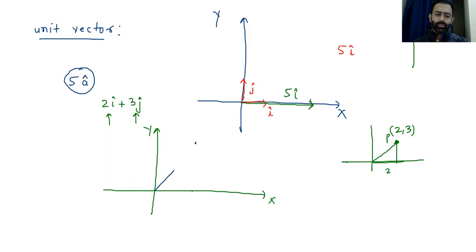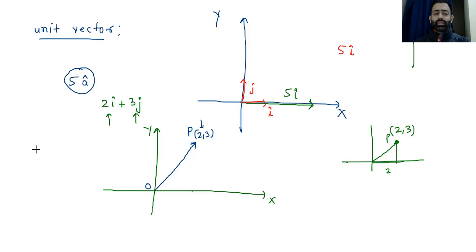Now I have used the term position vector. So a position vector is simply the vector such that you have arrived at a certain position by moving distances 2i cap and 3j cap in the corresponding x and y directions, right? So it simply means that you have arrived at a position P from origin O. This is 2i cap plus 3j cap, and you can also write it as 2 comma 3 just to show that the component in the x direction is 2 and in the y direction it is 3.